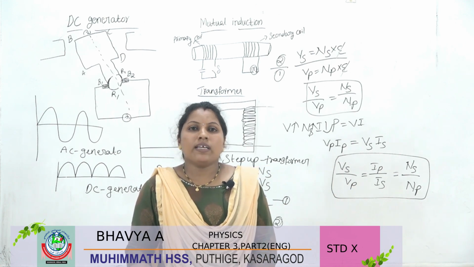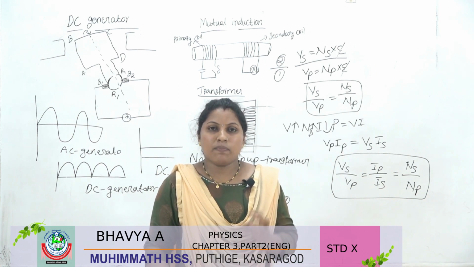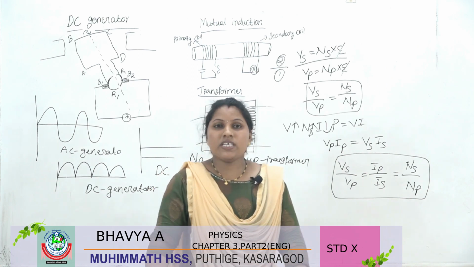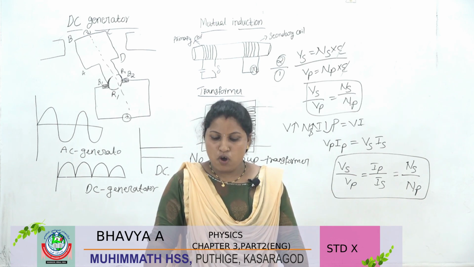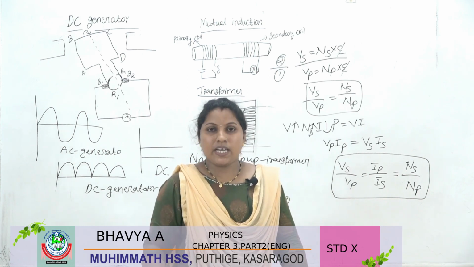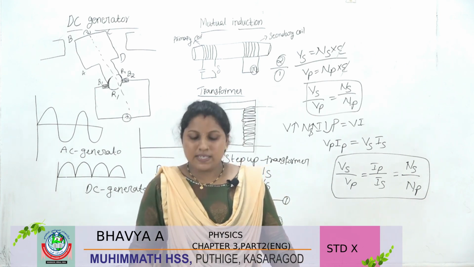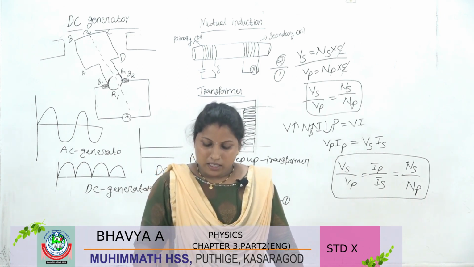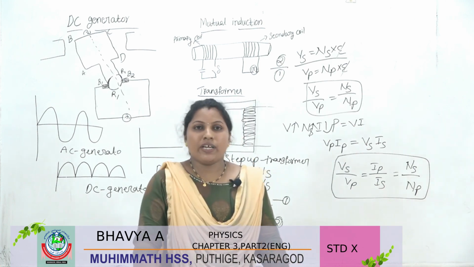So when AC is applied, that bulb glows with less intensity. A change in magnetic flux due to the flow of AC in a solenoid generates an EMF in the same solenoid in a direction opposite to the applied one. This phenomenon is known as self-induction.